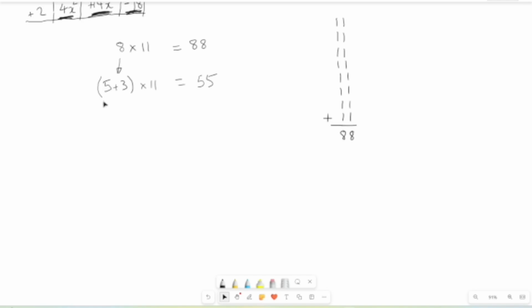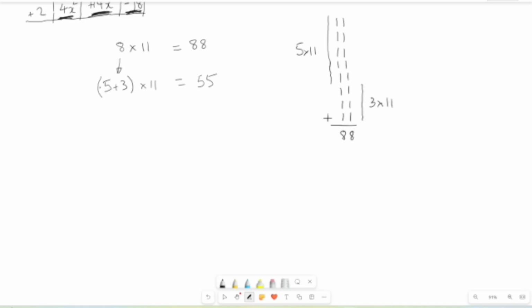When I only do 5 lots of 11, I'm only bothering about these first 5 here. 1, 2, 3, 4, 5, yeah, down to there. So that's 5 times 11. And I'm completely ignoring these remaining 3 times 11.